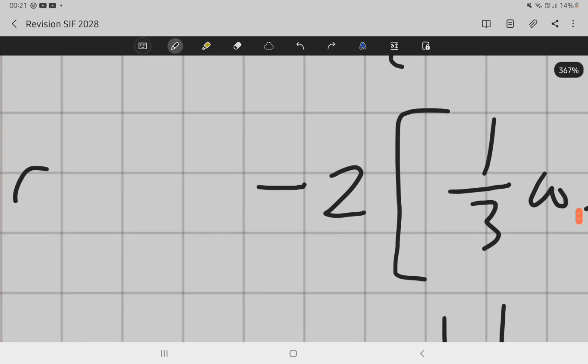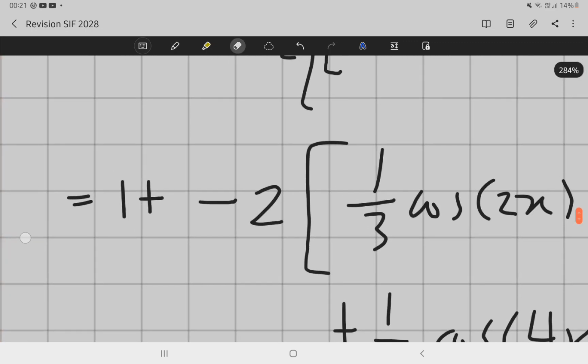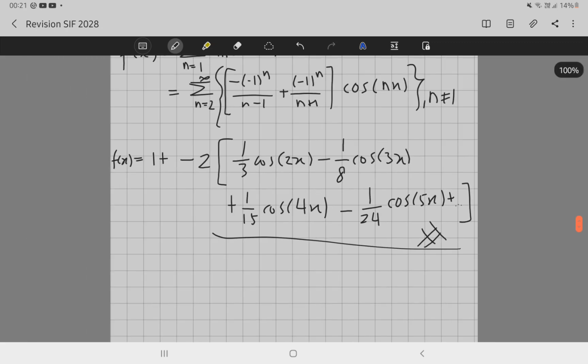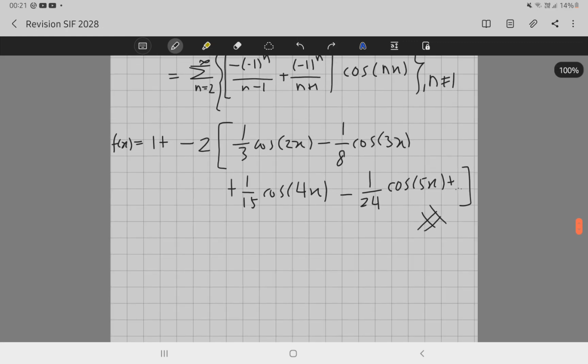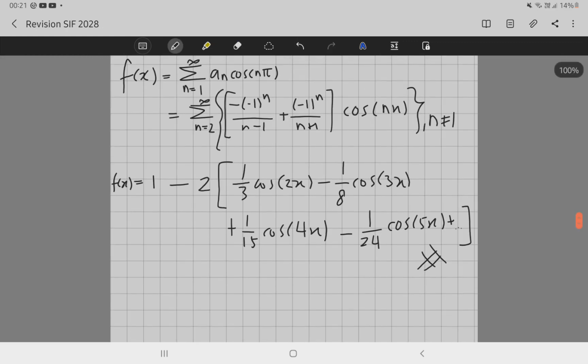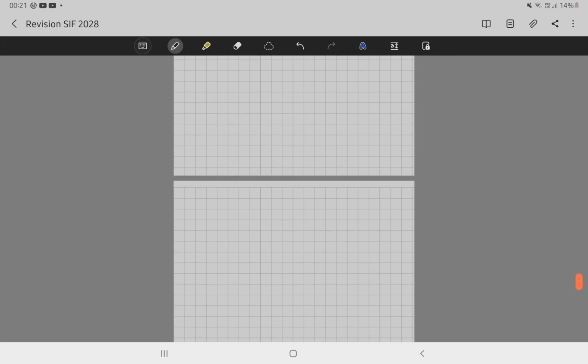So a naught is 1 plus that, sorry, f of x. It's f of x, a naught plus these chunks, right? So this is my final answer, minus that. Okay, yeah, so all good.